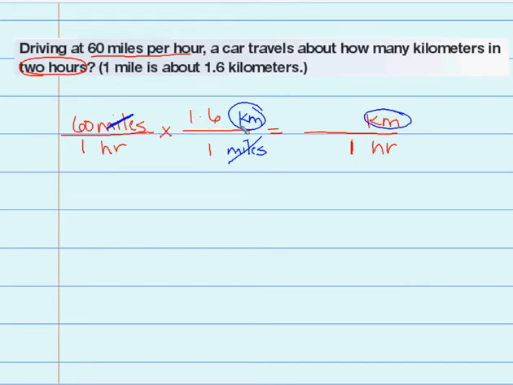So 1 mile goes down here, 1.6 kilometers, 2 fractions multiplied together, 60 times 1.6, 0, 36, 3, 9, 60, but 1 decimal place, so 96 kilometers per hour.